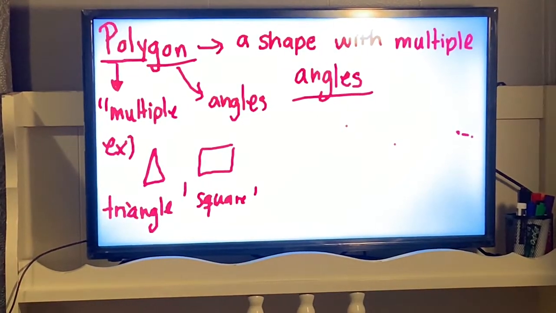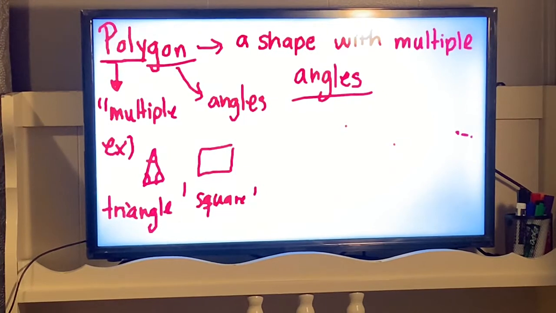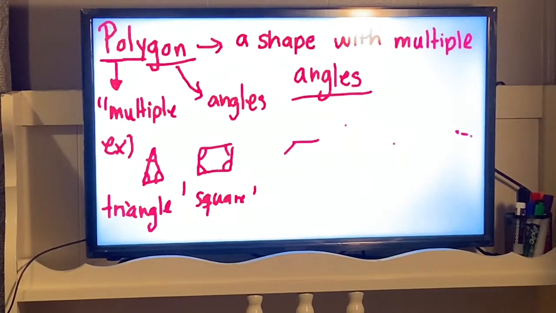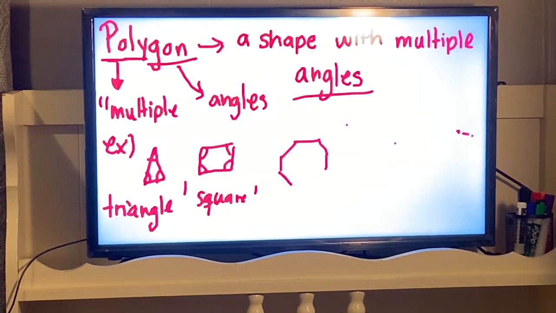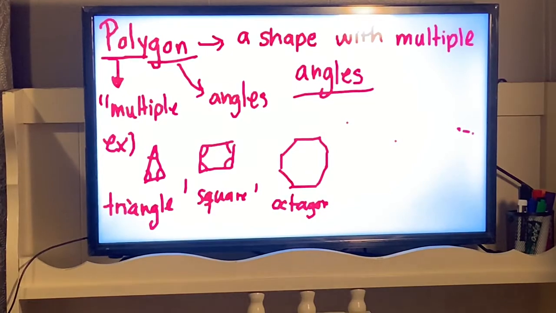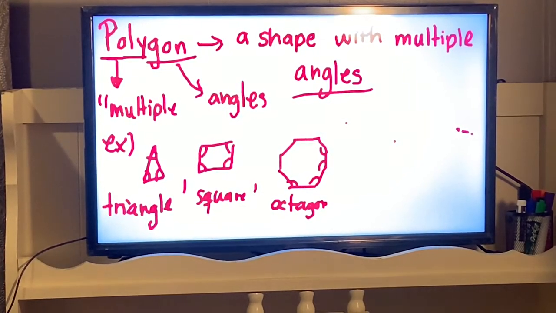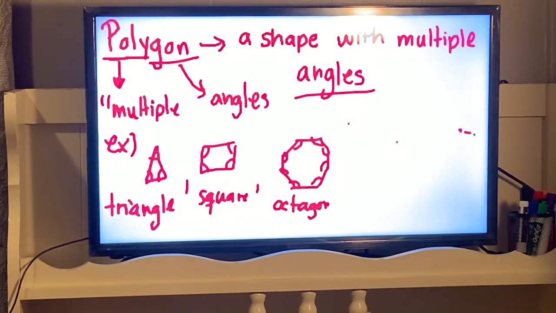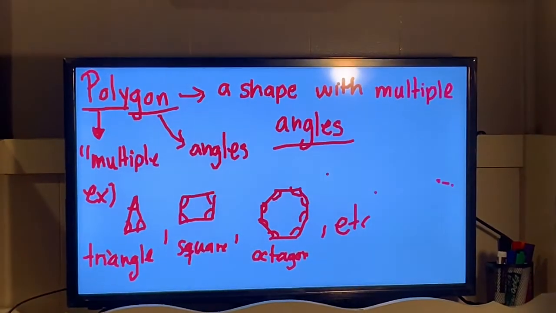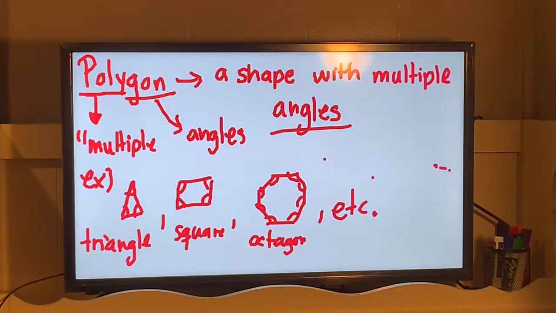Multiple angles. Here we have 3 angles. Here we have 4 angles. And then we also have an octagon, which has various angles. Sorry, I didn't draw this perfectly. And you can name them, etc. There's so many, but this is only a few of them.